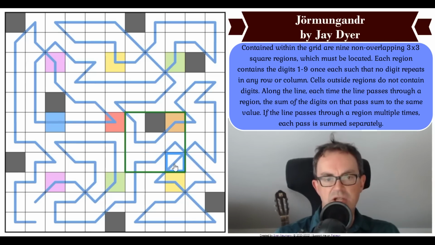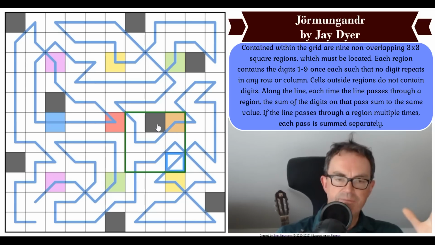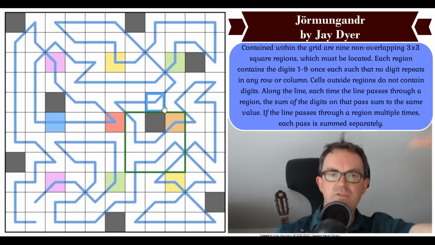Let's imagine it never came in here, just for the sake of argument. But the point is that this cell would have to equal a 15 in order for the box mathematics to work, because we know that the box overall adds up to 45. And we know every time the line enters it, it picks up 15's worth of digits and then leaves again.